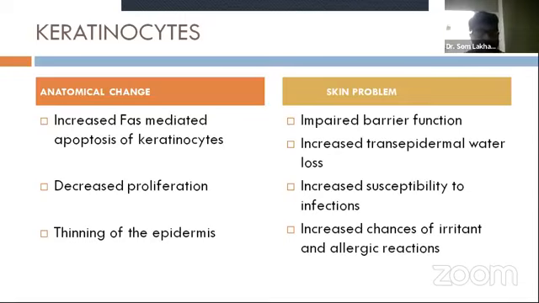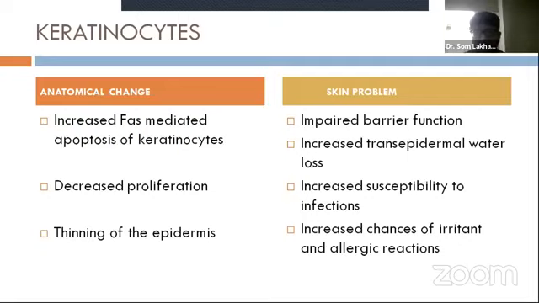And because of that, what skin problems occur? Because of damage to the keratinocytes, the barrier function of the skin is affected. Also, there is an increase in transepidermal water loss. Also, because the skin acts as an important barrier for preventing infections, disruption in this barrier leads to increased susceptibility to infections.